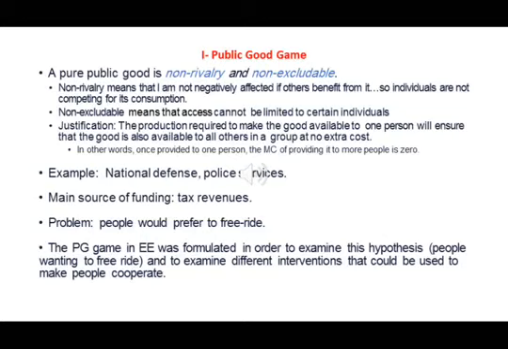It was inserted in many experiments, in a control group, for example, to measure whether people will be cooperating or not, whether they will be contributing to the pure public good by paying their taxes, by paying their contribution that is required from each member of the society. And usually in the different treatments of these experiments, people try to examine different behavioral interventions that could encourage people to contribute more to the public good.